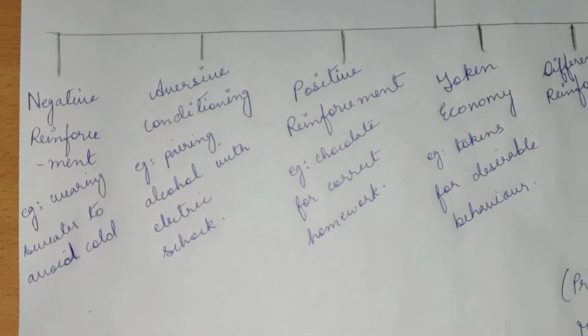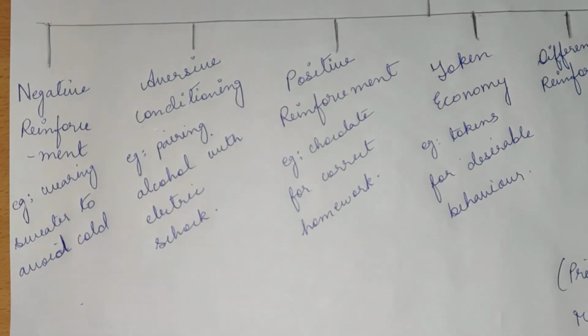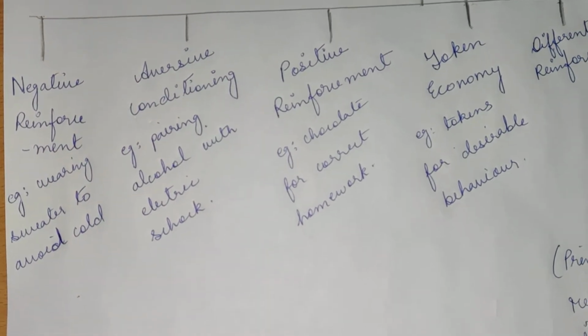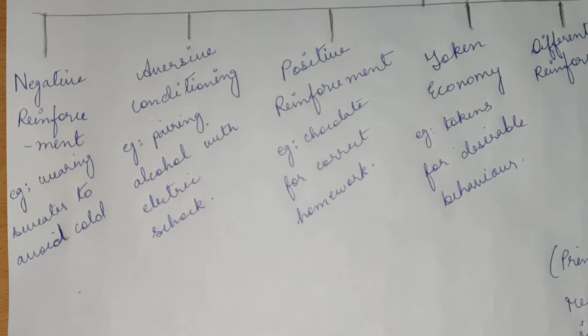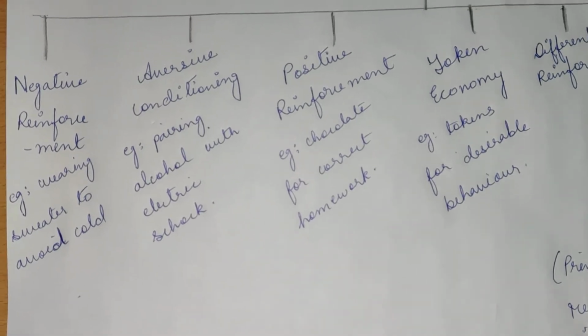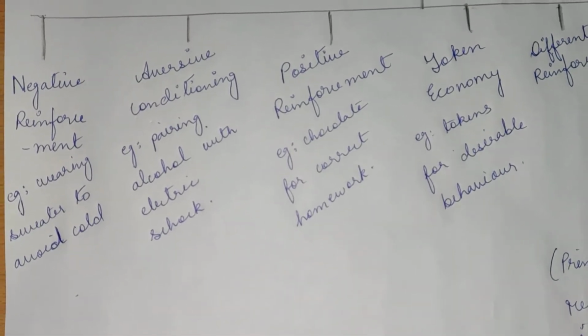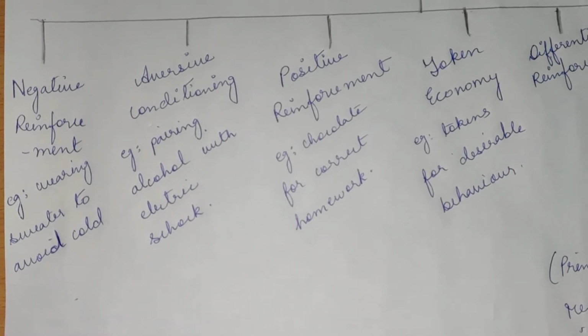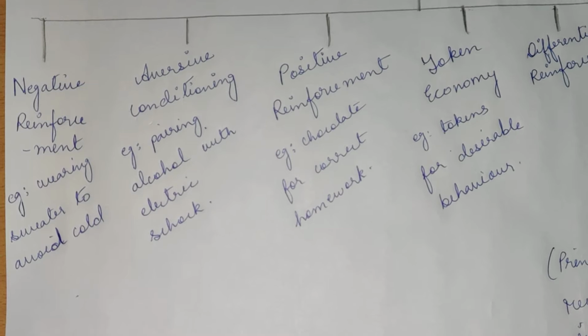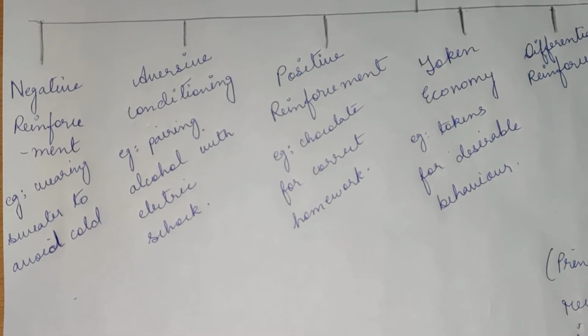You make your client wear the sweater and your client will be able to avoid something unpleasant, which is the cold weather. So the behavior of wearing a sweater is going to increase in your client or is going to be strengthened. That is negative reinforcement, where you strengthen a response by removing something unpleasant.